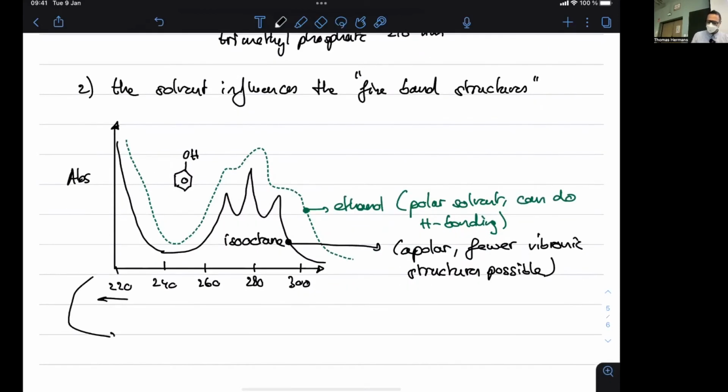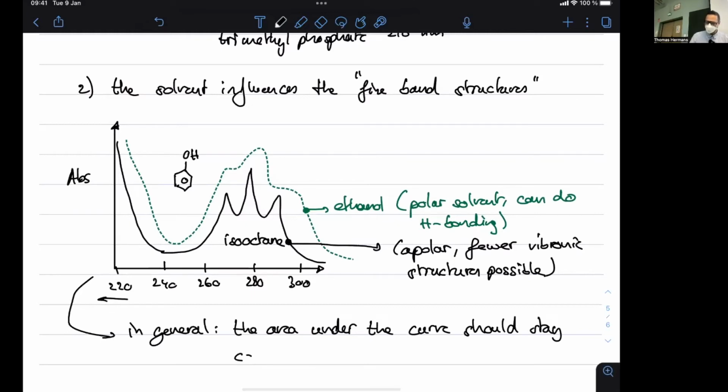But in general, I didn't draw it very well, because the area under the curve should stay constant, irrespective of the solvent.